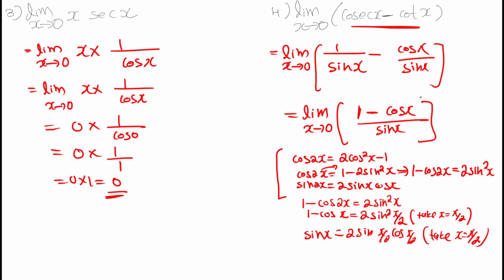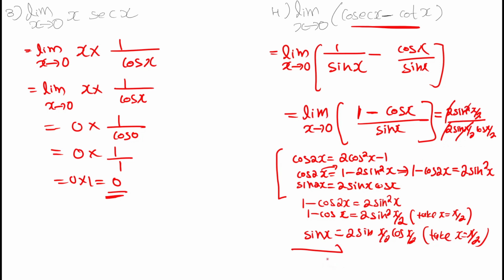Now substitute here. By these two formulas I can rewrite it as 1 minus cos x is 2 sine square x by 2, divided by sin x, which is 2 sine x by 2 into cos x by 2. So the 2 gets cancelled, and in sine square x by 2 and sine x by 2, one sine x by 2 gets cancelled.